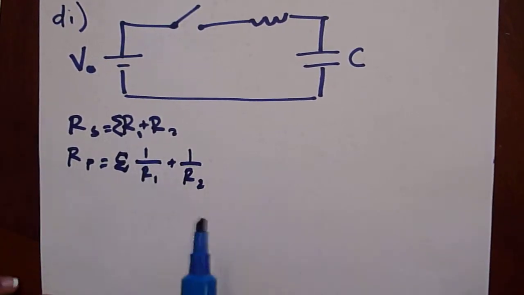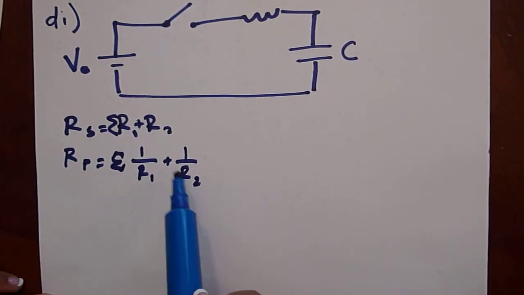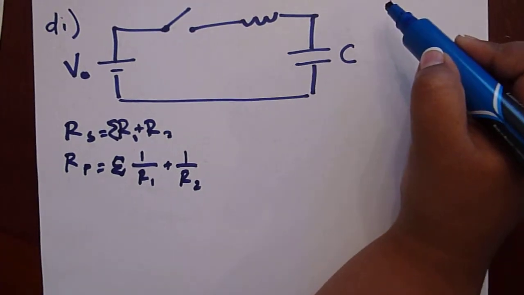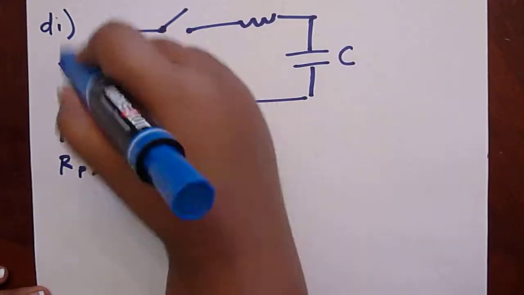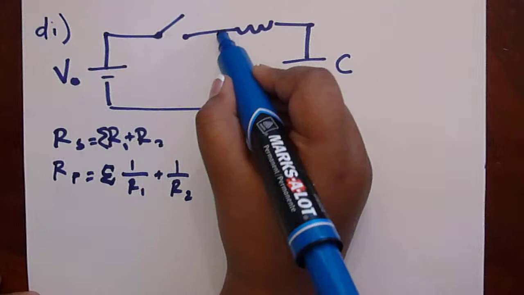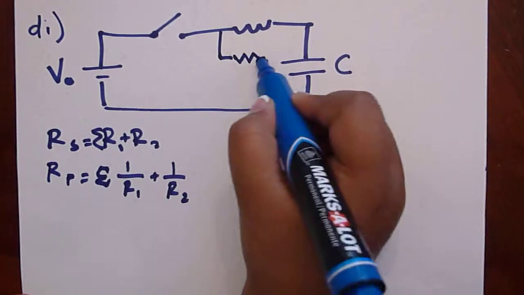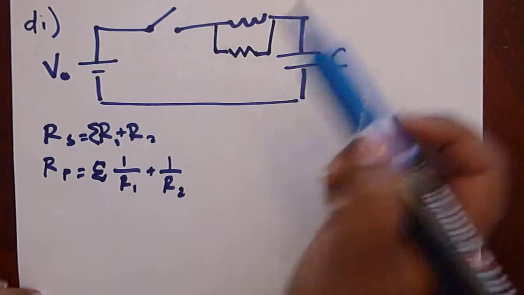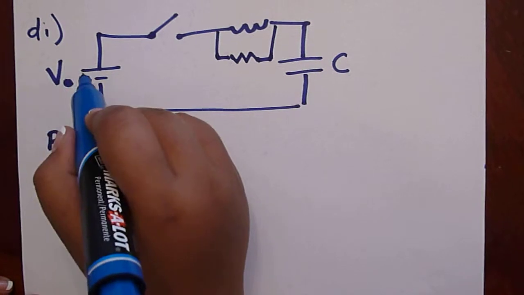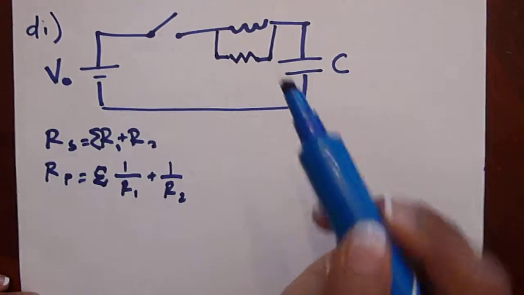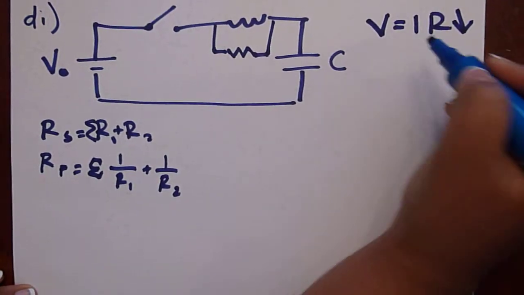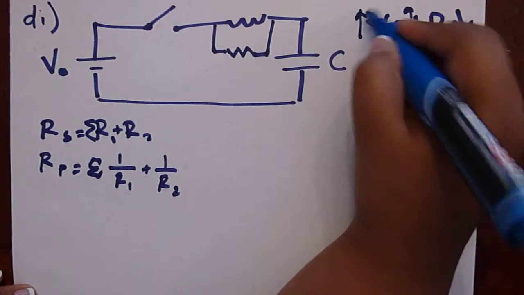Looking at these relationships, if you add a resistor in parallel, your net resistance in the circuit will decrease, and more of the voltage can get transferred to the capacitor faster. So what we're going to do is add a resistor in parallel. Now we're decreasing the resistance so the current can increase and get to the capacitor faster. If you look at V equals IR, when resistance goes down, the current goes up.